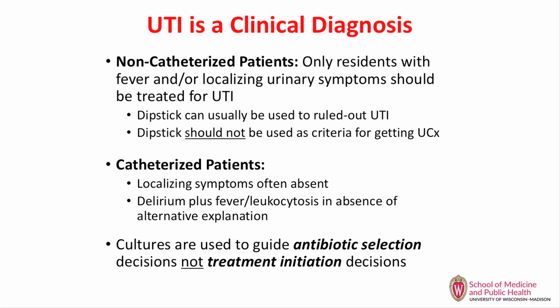So with catheterized patients, this can be challenging. Remember, putting a foreign device in the bladder is going to cause inflammation. Their urinalyses will always be abnormal. If you get back a normal urinalysis on a chronically catheterized patient, somebody mixed up the samples, okay? They will always have a positive urine culture.